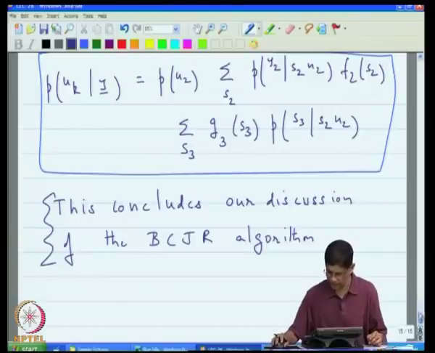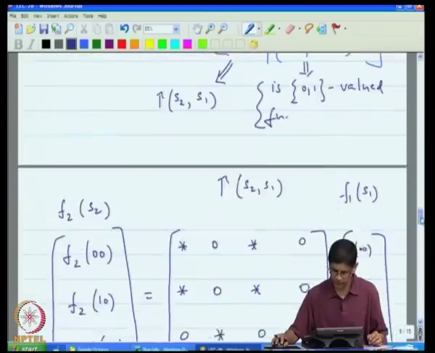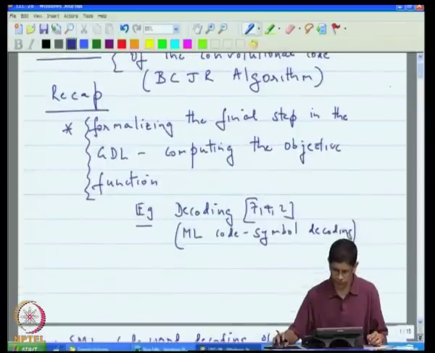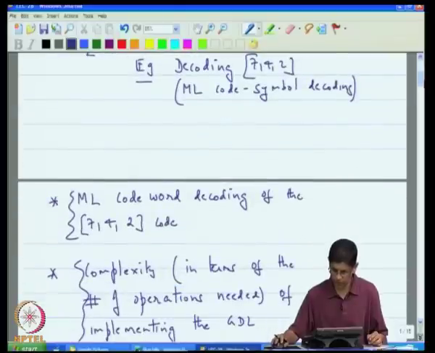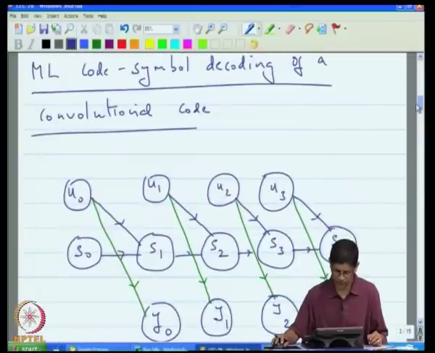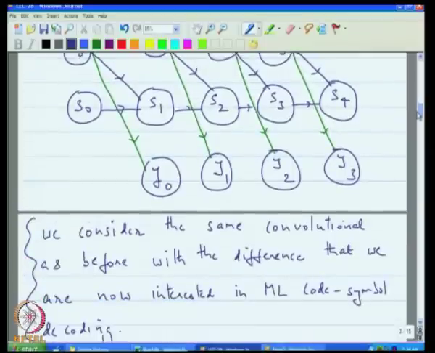And there is another comment I actually wanted to make in this connection, which is that if you wanted to switch from the BCJR algorithm to the Viterbi decoding algorithm, then I am going to say it in words and I will summarize it very quickly.